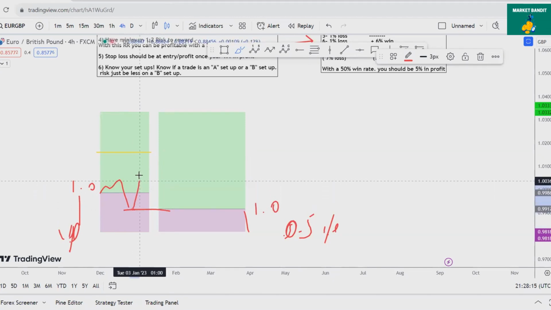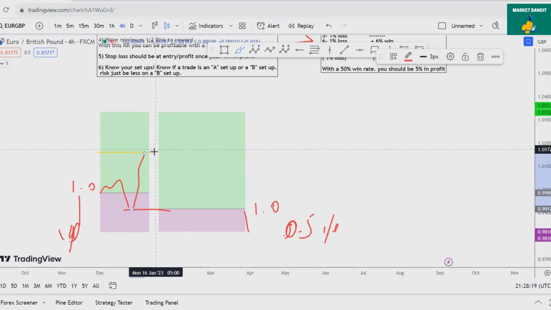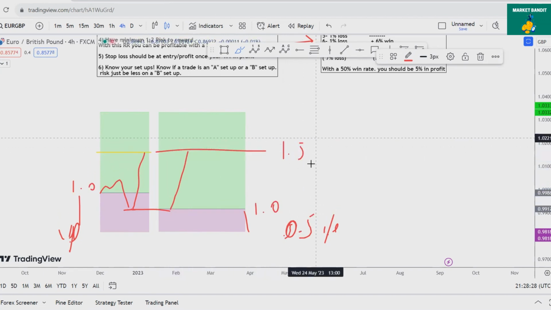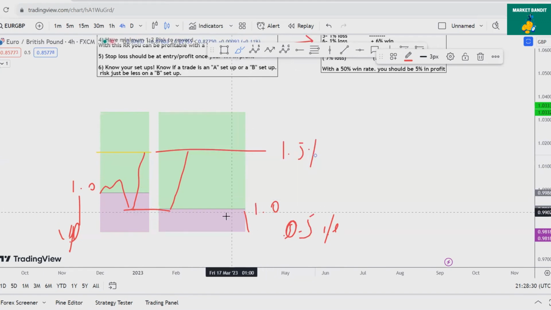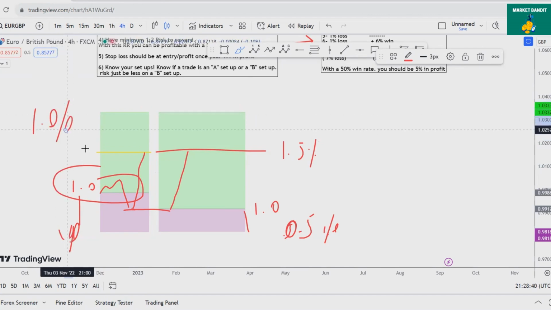As this turns back around and hits your target, you're 1% in profit, and as this one also goes in profit, you're now 1.5% in profit. So what you can do is close off this first trade over here and secure 1%.